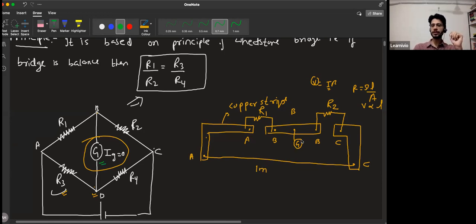So we connect this galvanometer to one end of the bridge, and the other end of the galvanometer we start sliding from A to C. When we slide it from A to C, in between A and C I find a point D, corresponding to which Ig is 0. I call this point D. This is the point at which the current in the galvanometer is 0. The resistance between A and D is R3, and this resistance is R4.